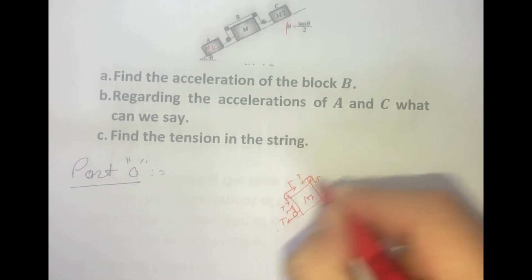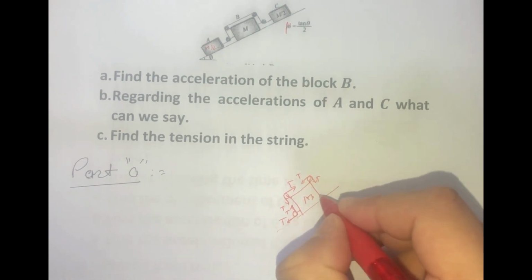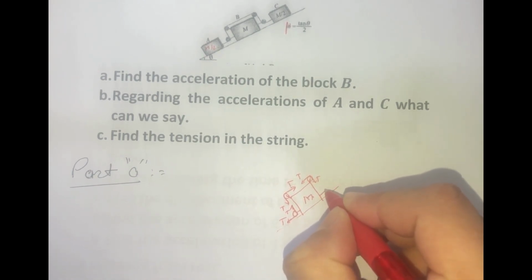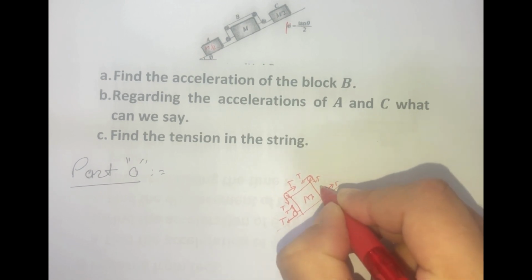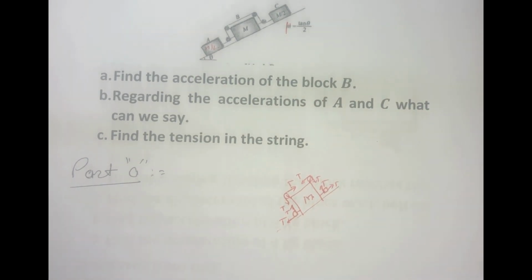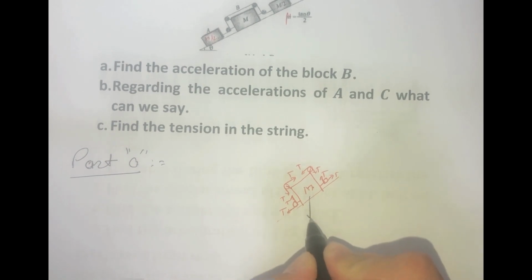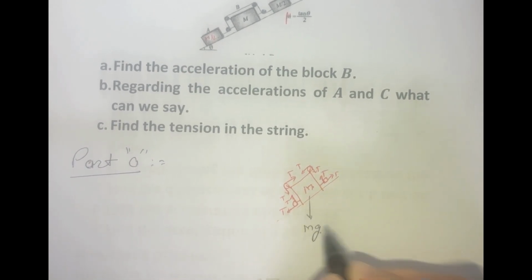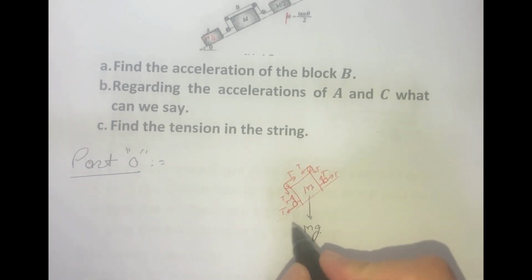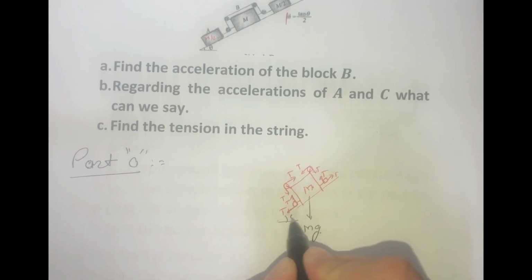As there is a single string, the tension will be T everywhere. Secondly, there will be mg in the downward direction, and the angle is given as theta.